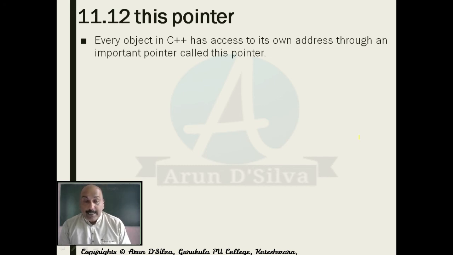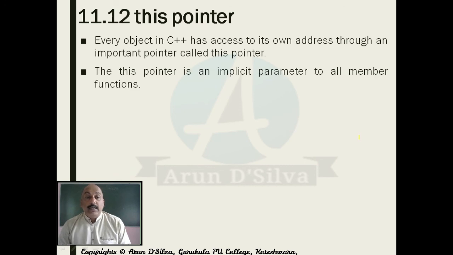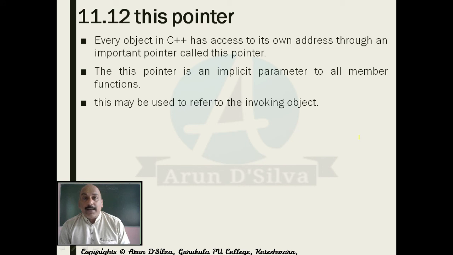In another way, the object points to itself through the this pointer. The this pointer is an implicit parameter to all member functions. It becomes implicit, so there is no need to define it. This may be used to refer to the invoking object.